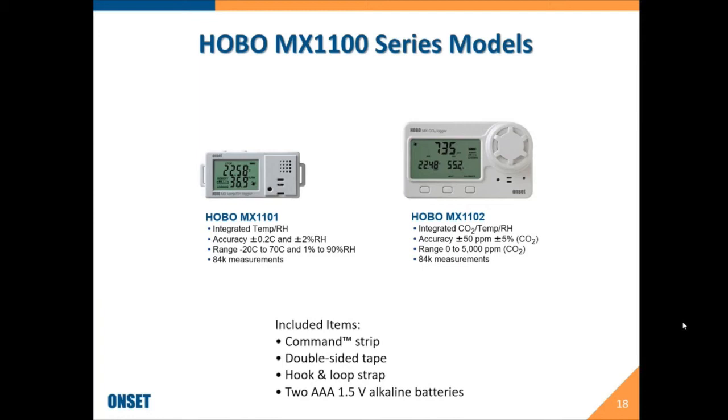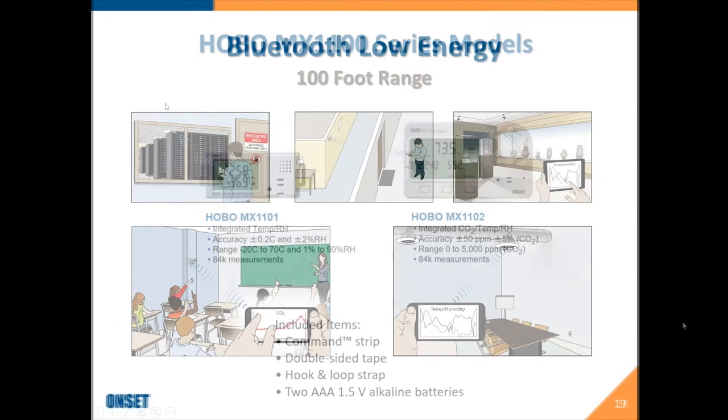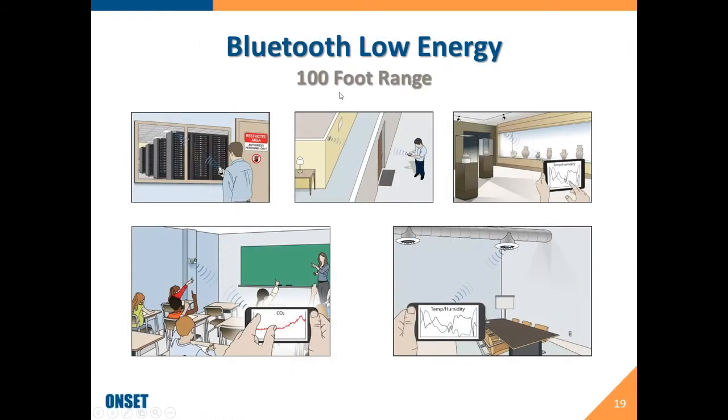And again, here are the items that come with those loggers. They actually come with the batteries that you can put in, and they have the same kind of connection options. The range on the Bluetooth logger is anywhere from 60 to 100 feet, depending upon what kind of material you're going through to read it out.